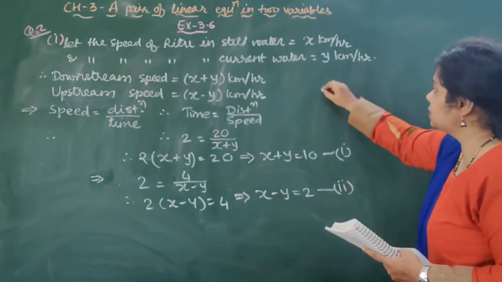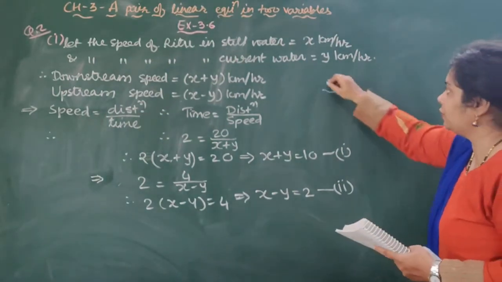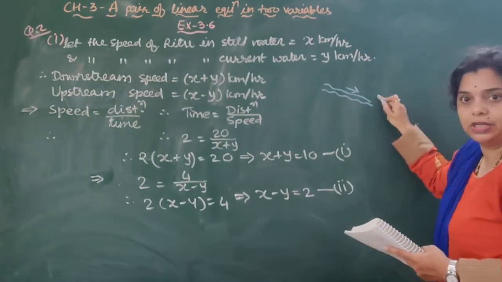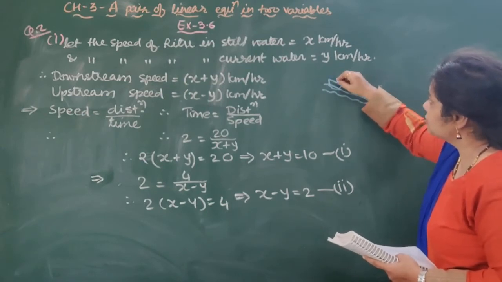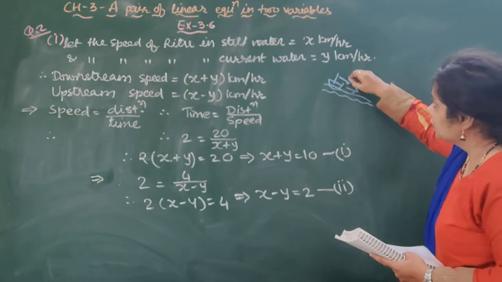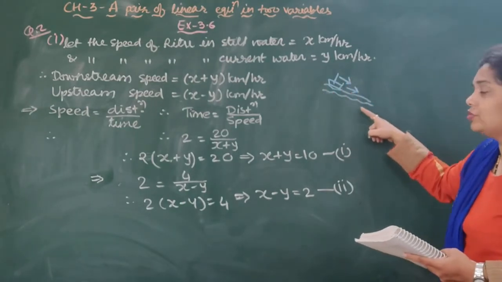So for example, this is the river, and this is the flow of the river. The flow is in this direction, in the forward direction. And someone is sitting here in a boat, and the direction of the boat is also in the same direction. So it goes downstream.